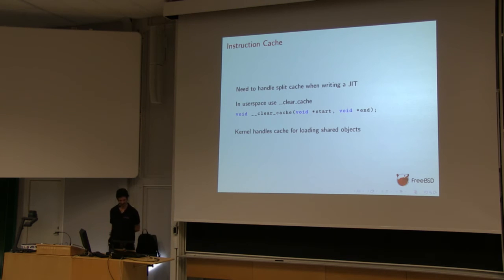So, answering John Mark's question: because we've got a split data and instruction cache, you need to handle this. They're not cache coherent. They may not even be the same.